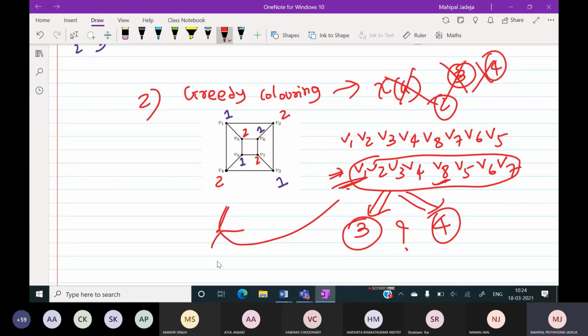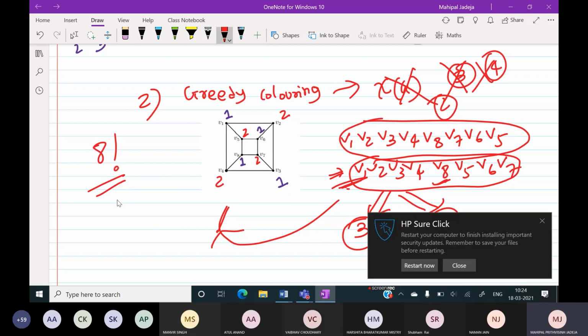But is there any other ordering which requires more than 2 colors? If I restate my question, corresponding to these 8 vertices there are 8 factorial permutations. Out of them, we have discussed one permutation for which we get the answer 2. Even if we consider this other permutation, we'll also get the answer 2. So we have considered 2 permutations out of 8 factorial.